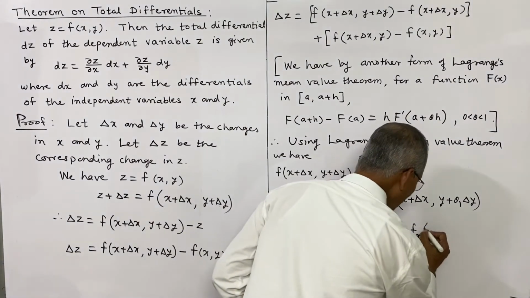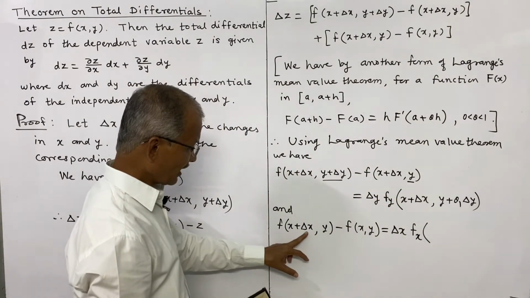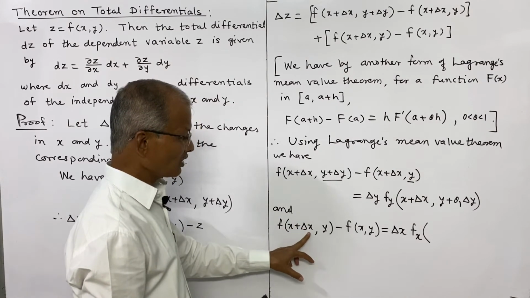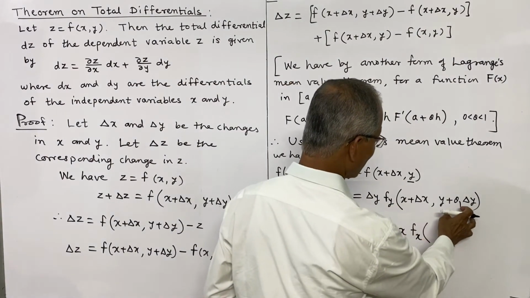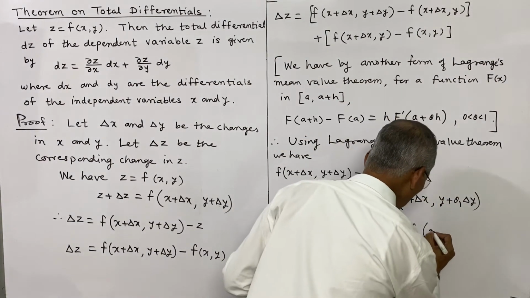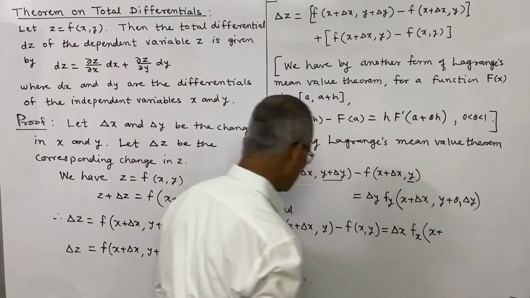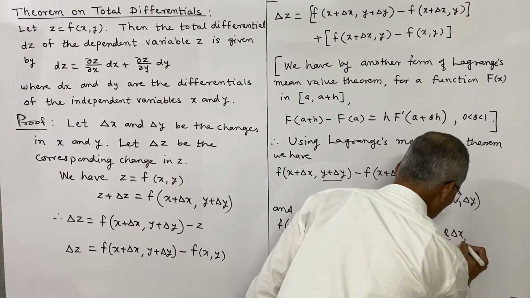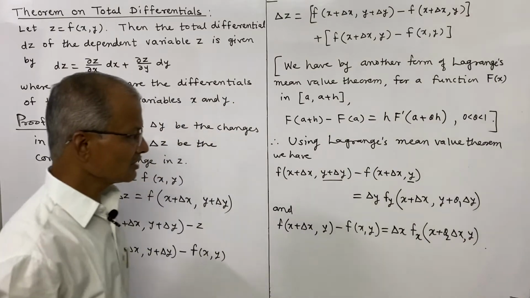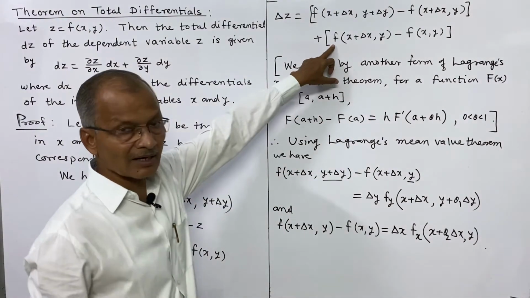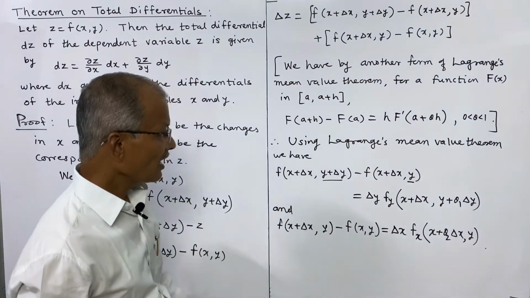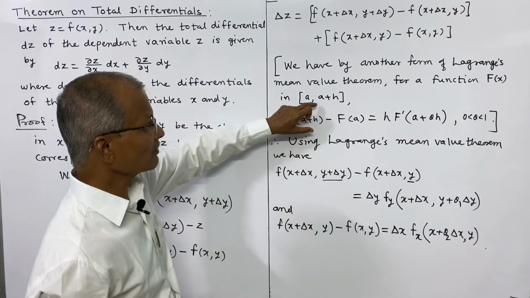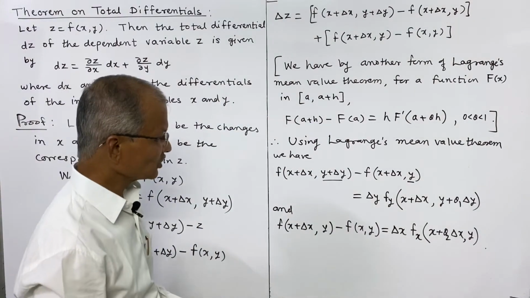We have used that notation. At which point? Here h is delta x, and therefore the point will be x plus theta 2 delta x. Here we have written y plus theta 1 delta y, and here it will be x plus theta 2 times delta x, and y will be the same. So this is the result for the second bracket using the Lagrange mean value theorem. You should please note these changes, how we have used another form of the Lagrange mean value theorem. Note the change in the variable.